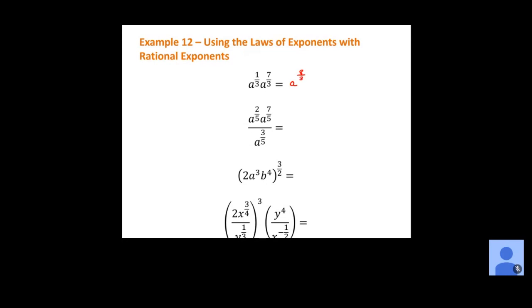Now, at that point, we can rewrite this using radicals. So what would this look like in radical form? Good. So we have a cube root now because the 3 becomes our index. And then we're going to have an a to the 8th power now. All right. Now we just want to simplify if possible.